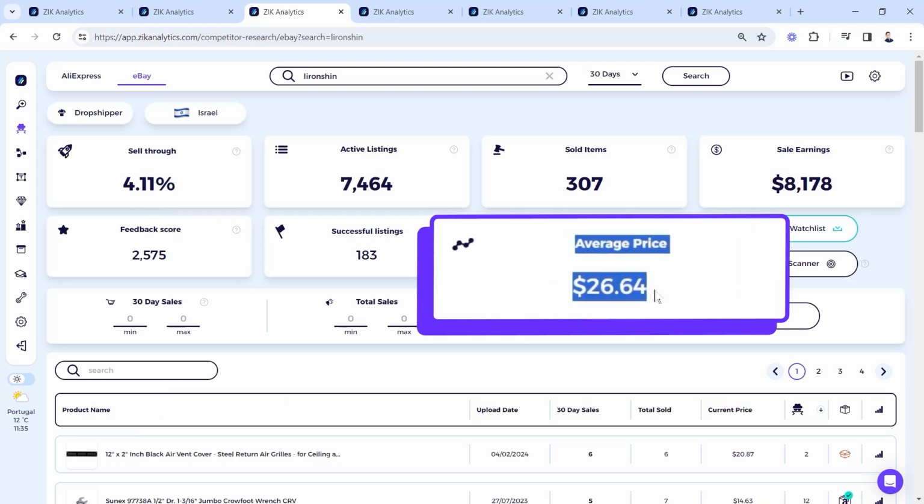The average price is also very important, and it also gives us an understanding of sellers' strategies. Now, $26 is a medium average number, so it doesn't say much about this guy's strategy. What we know is that he's probably focused on listing his products around $20, but sometimes you will see sellers with high selling prices, like an average selling price of $100, $200, or even $50 or $80.